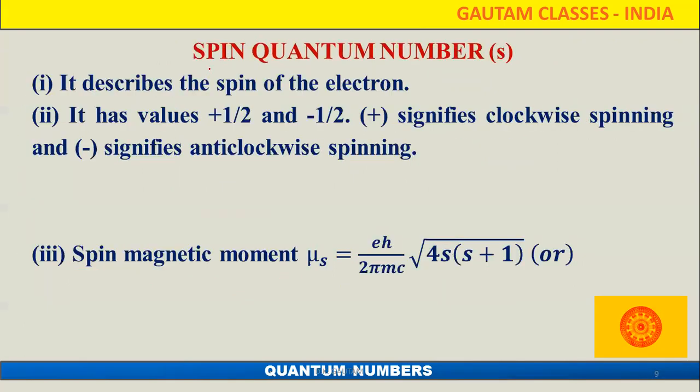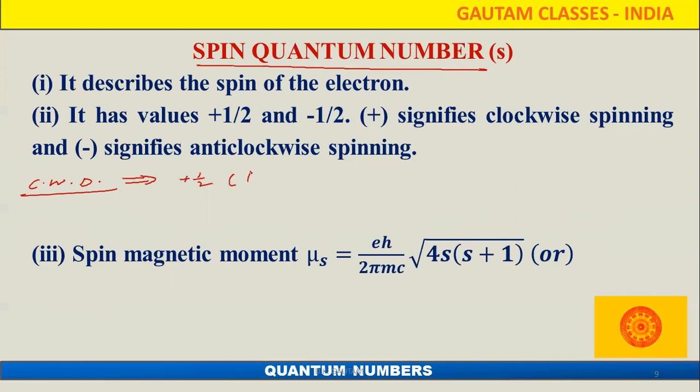Spin quantum number. The spin quantum number tells us about the spinning of the electron. The electron does spinning in two types: one is the clockwise direction and the second one is the anti-clockwise direction. If the electron is spinning in the clockwise direction, the spin quantum number we write is plus 1 by 2.